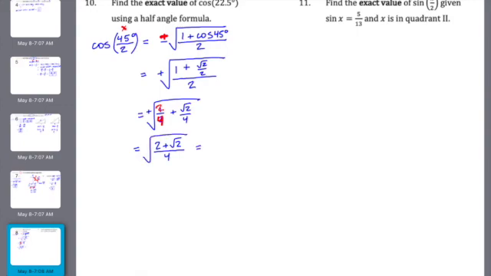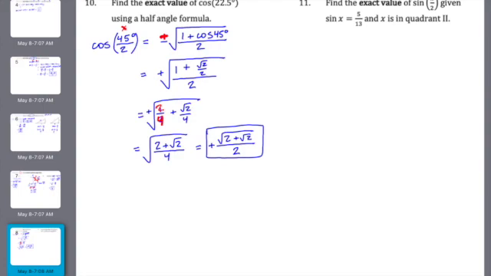The square root of the numerator is just root 2 plus root 2. The square root of the denominator is the square root of 4, which is just 2. And then again, that's positive. You don't really need to put the plus symbol there, but I just like to emphasize it. All right, so that gives us our exact value of number 10.